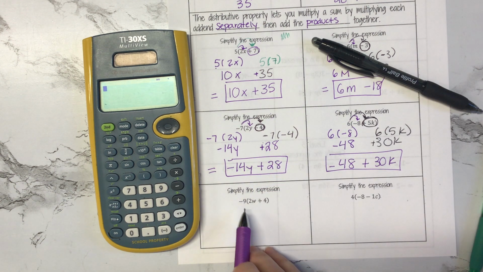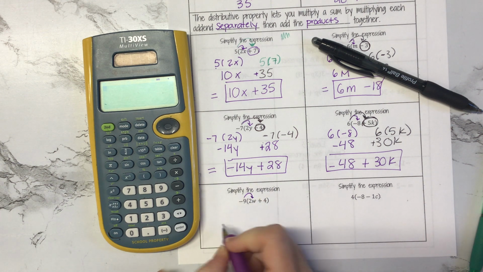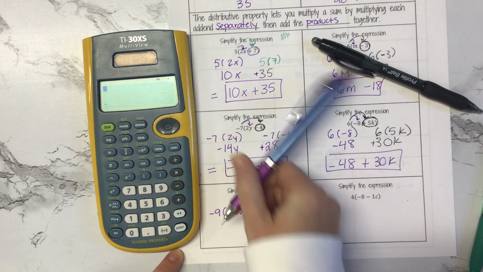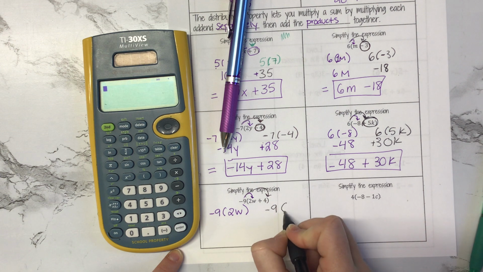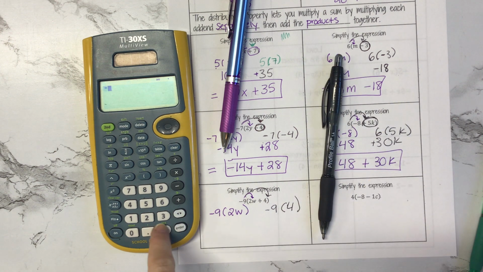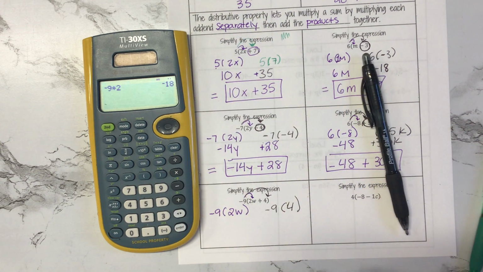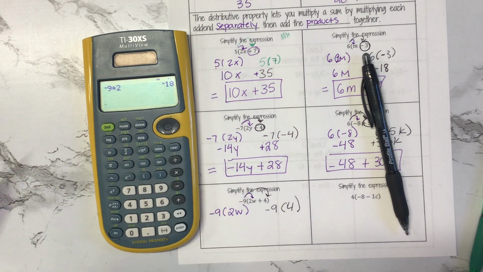So negative 9 times the quantity, 2w plus 4. So I'm going to take negative 9 times 2w. And then negative 9 times 4. You can use your calculator, negative 9 times 2. Okay. So I'm just multiplying the coefficient. I can't type the w into my calculator.